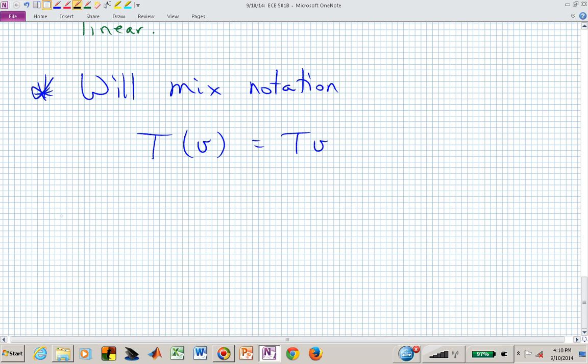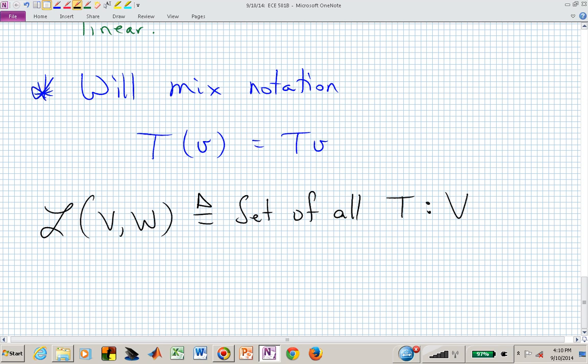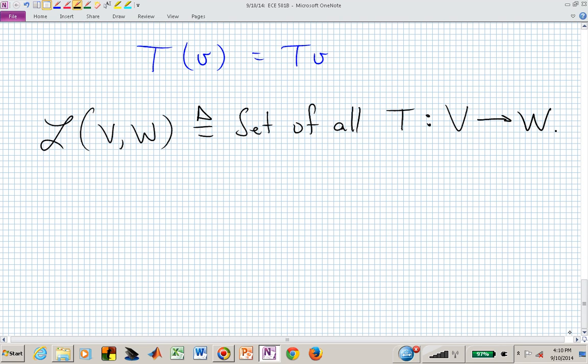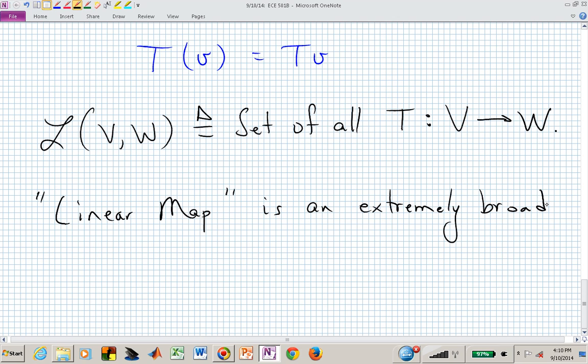The other notation that we will use is we will say the linear map, or the set of linear maps, script L of V comma W, is defined to be the set of all maps T such that V is taken into W. And this linear map is an extremely broad category, although it doesn't encompass everything.